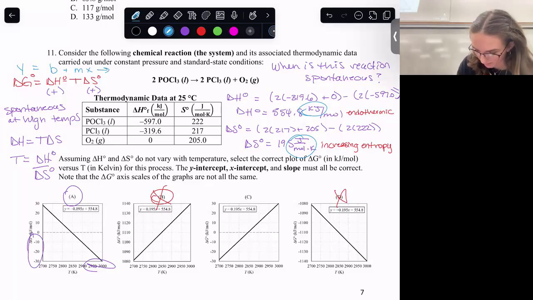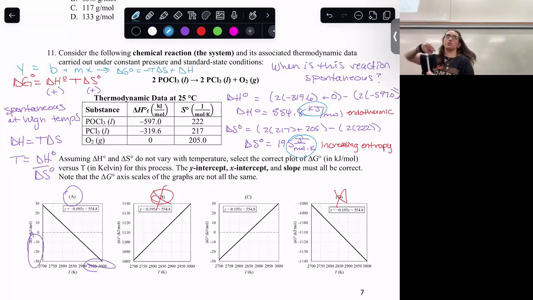So if you're in this form, then delta G naught is equal to negative T delta S plus delta H. Right, you can rearrange it and that becomes Y equals MX plus B form. So all of those equations that you see in your plots, you can also plug your numbers into those and see if you get the correct answer there as a second form of checking. Does that answer your question?